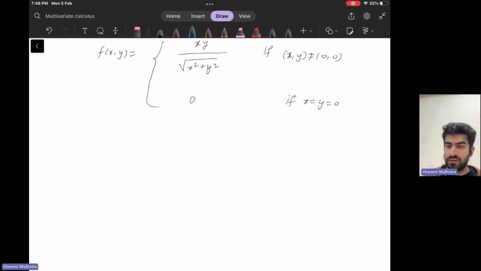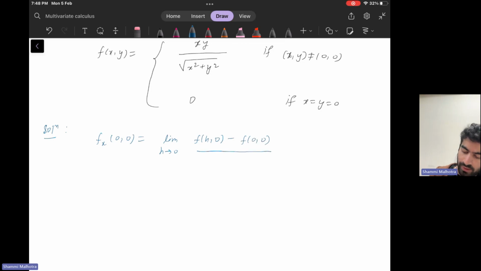So I have to check the differentiability, and again we just apply the same definition. First of all, let us calculate the partial derivatives. fx at (0, 0) is limit h tending towards 0 of f(h, 0) minus f(0, 0), whole divided by h.